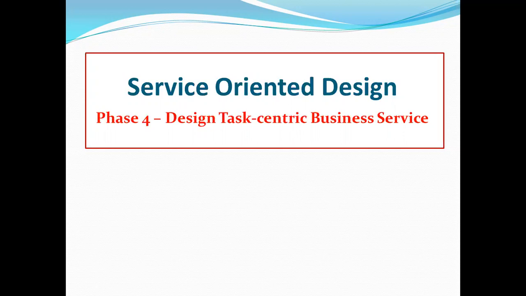As we know, in service-oriented architecture, the problem statement is divided into two kinds of tasks. The first one is entity-centric and the other one is task-centric. The same layer is shared by entity-centric business services as well as task-centric business services.